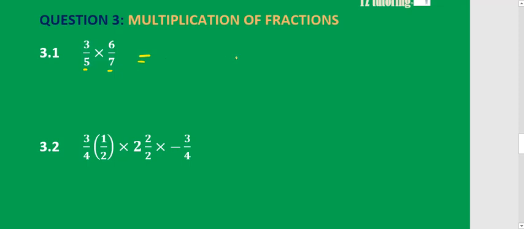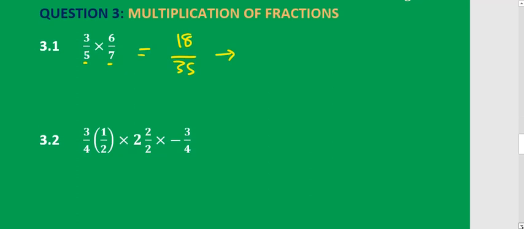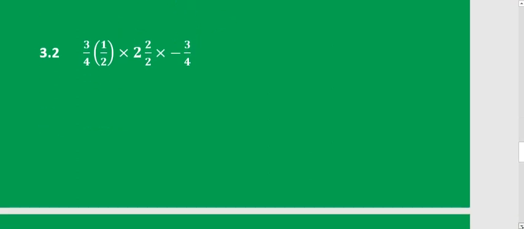Only plus and minus can separate terms. Multiplication does not separate terms. So just multiply it out because it's only one term. So 3 times 6 is 18 and 5 times 7 is 35. Okay, so that's it. Let's move on to 3.2.